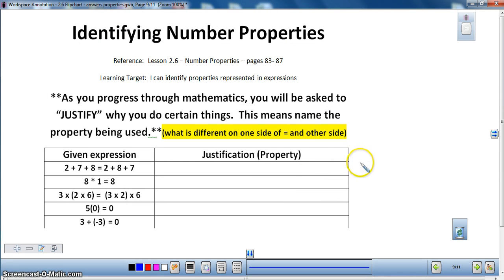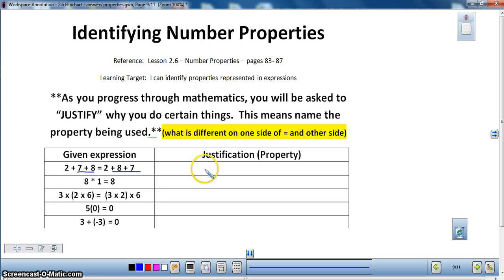In your notes, if you turn to identifying properties, lesson 2.6, we want to give the reason for our property. So if we look at this and it says 2 plus 7 plus 8 equals 2 plus 8 plus 7, from one side of the equal sign to the other, we switched the 7, 8 to 8, 7. What property would that be?